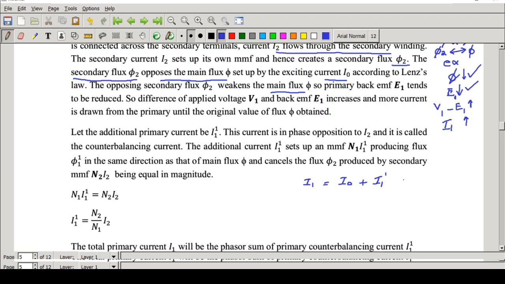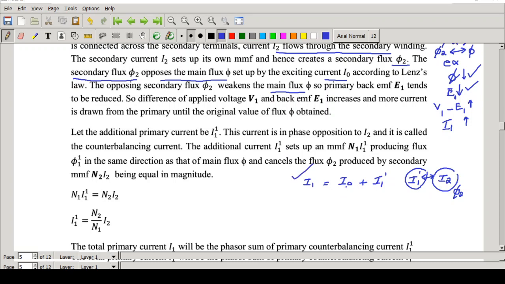I1 dash is a current which is just equivalent and opposite to I2. It will be equal in magnitude and opposite in direction to I2. I2 is the current flowing through the load. Basically, this current will flow opposite to I2, thereby cancelling the effect of I2. Okay. So the current which is drawn by the transformer on loaded condition is given by I1.